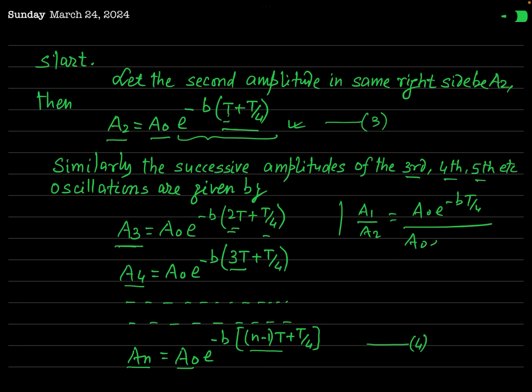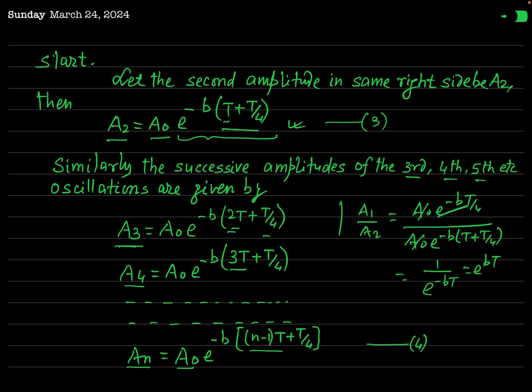This is A naught e to the power minus B times t plus T by 4. Okay. And so you can see this A naught and A naught will cancel out, this e to the power minus Bt by 4 will also cancel out. The only factor remaining will be e to the power minus BT in the denominator, and that will be equal to e to the power BT.